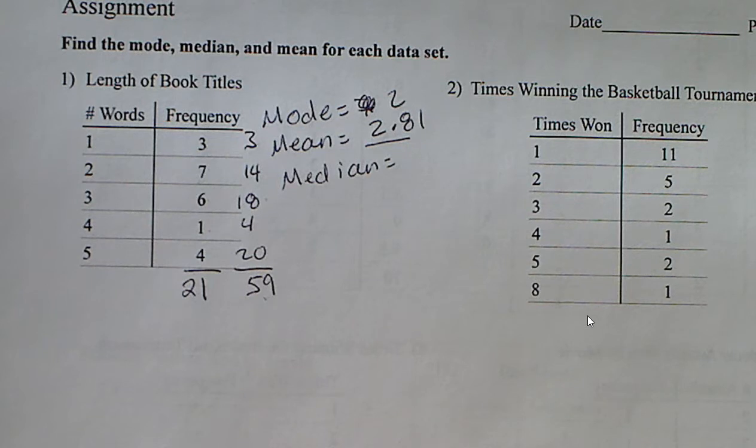So 11 plus 5 is 16, 14, 18, 19, 21, 22, 11, 10, 4, 10. Difference is 49.